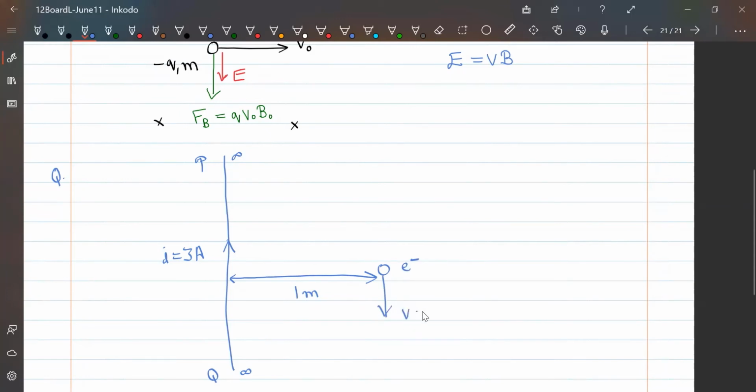And the speed of the electron is 2 into 10 raised to 7 meter per second. You have to find force on electron and its direction. Solve this, get me the magnitude of this. Of course, I will use mu naught as 4 pi into 10 raised to minus 7.